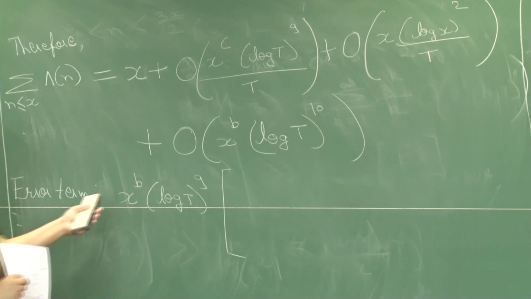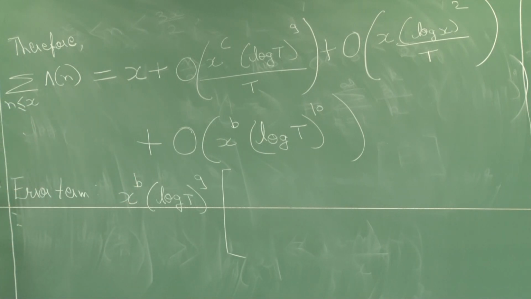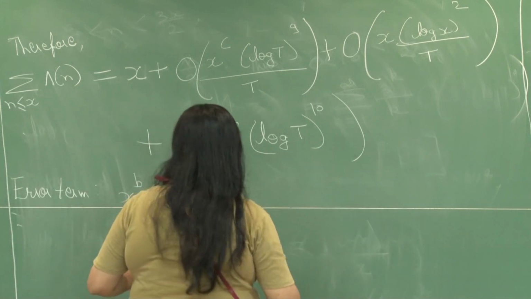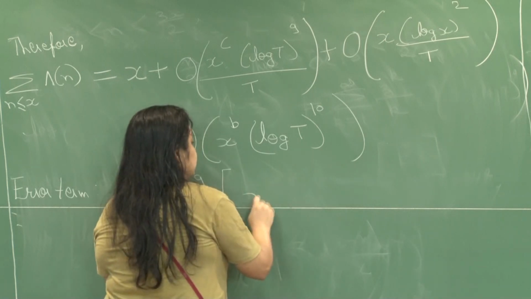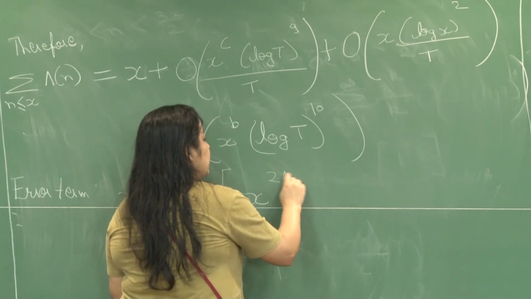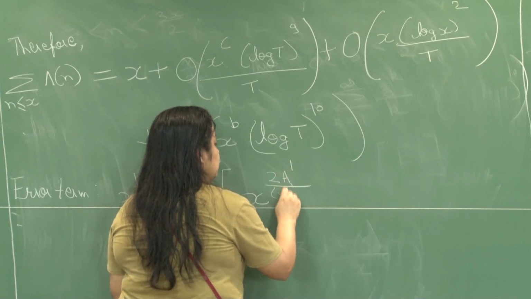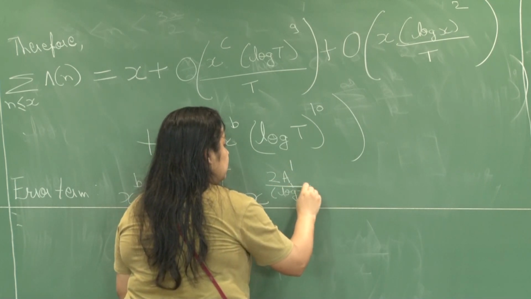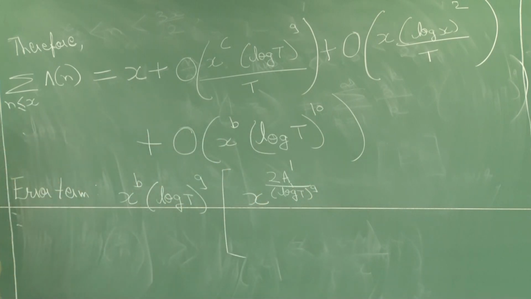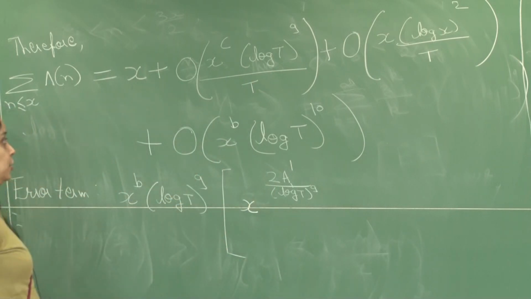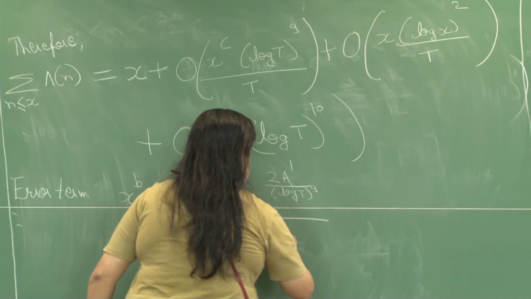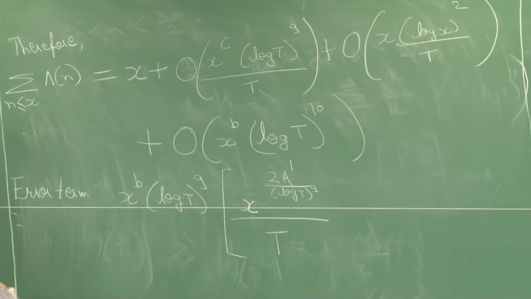But what was c? b was 1 minus something, c was 1 plus something, those somethings were the same, and so based on our choice of b and c that we had made above, what we end up getting is x raised to the 2a1 prime over log T raised to the 9, over capital T. What about the other terms?